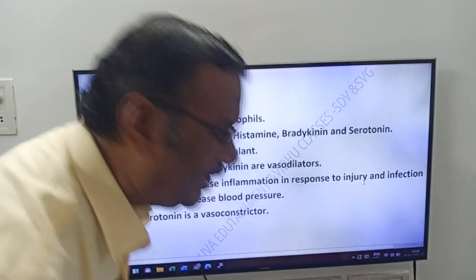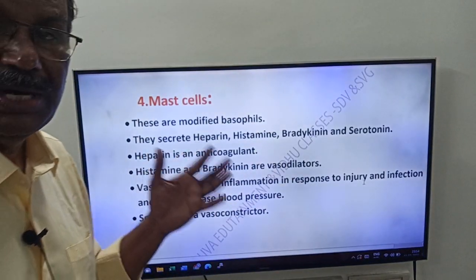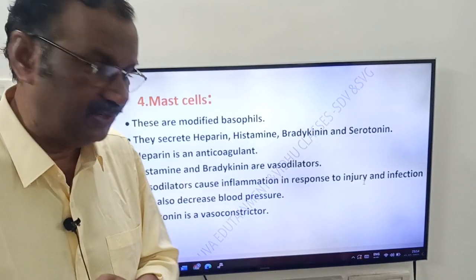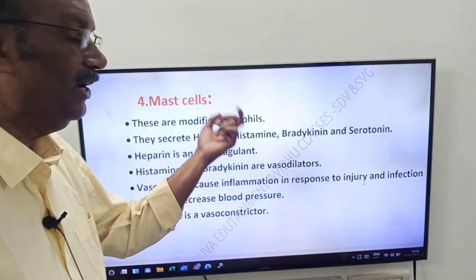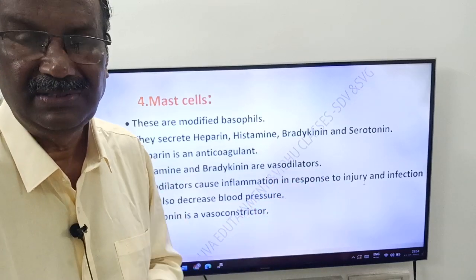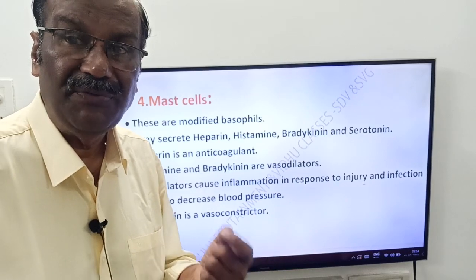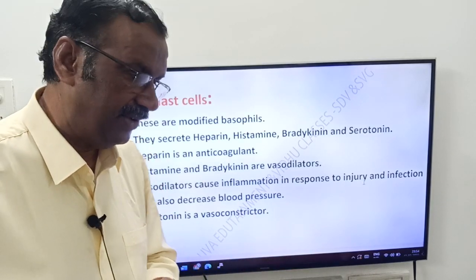Now come to mast cells friends. Another very very important cell friends. We have a 2 marks question also on the mast cells. These are modified basophils. See friends, basophils are also one type of WBC. Mast cells are modified basophils. Very very important friends.